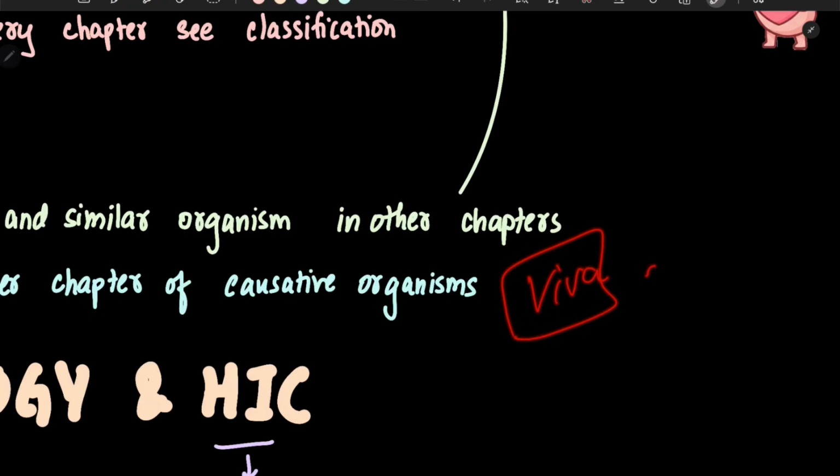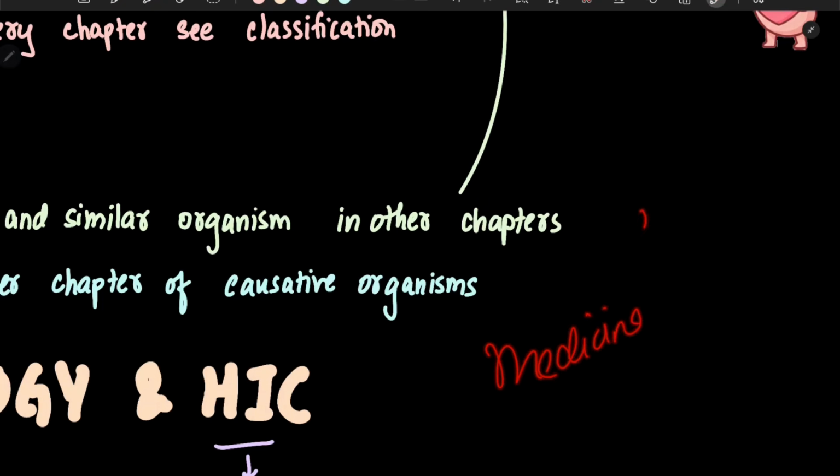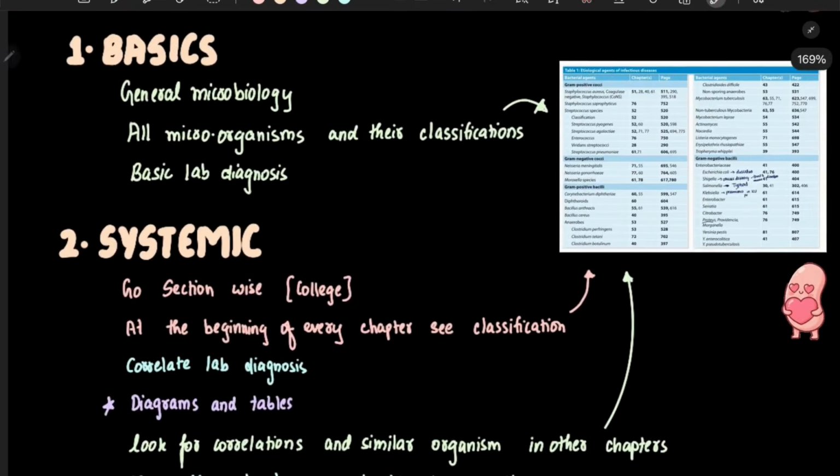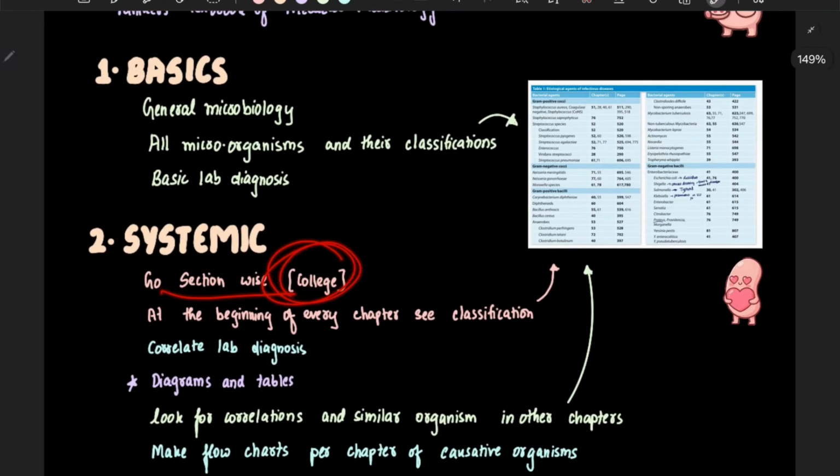Firstly, it's going to be at the tip of your tongue whenever someone asks you what this organism does, and it helps you a lot in medicine to eliminate different organisms. Okay, so for systemic, once more, go section wise like the college is going.